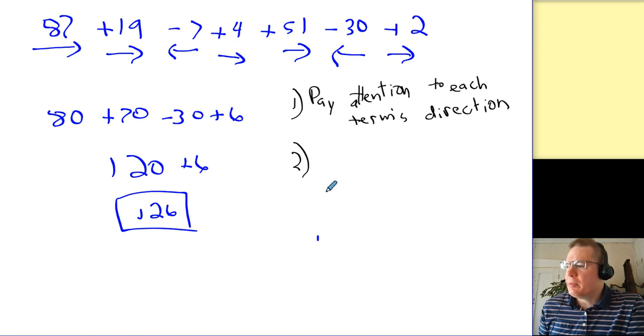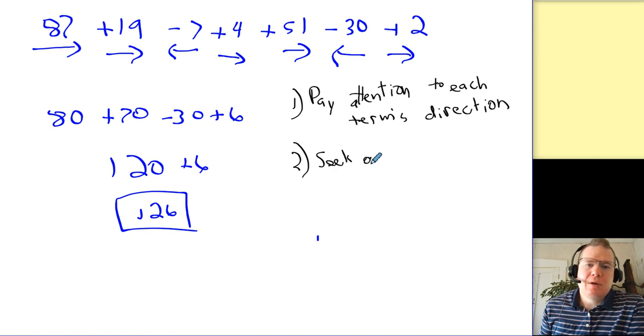Our second tip is to seek out additive inverses. Even partial inverses like 87 minus 7, I'm still doing 7 minus 7 to get 0, just plus another 80, right? So getting those additive inverses just lightens our load, fewer things to keep track of.